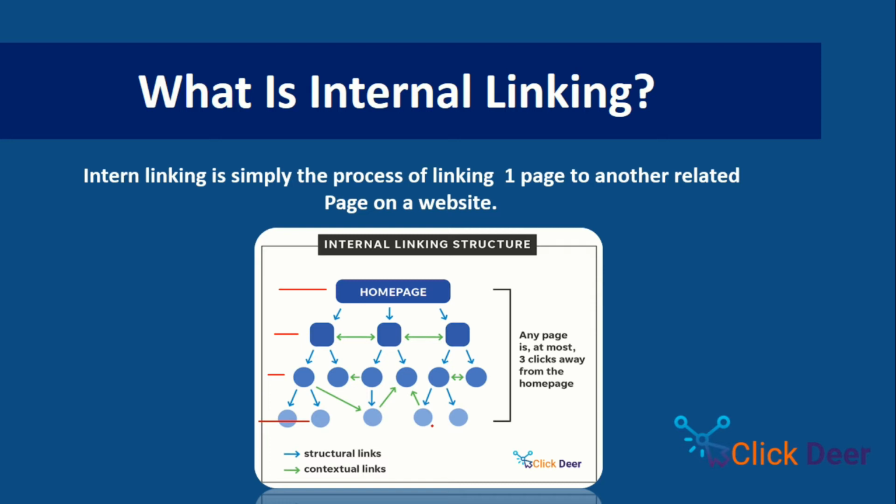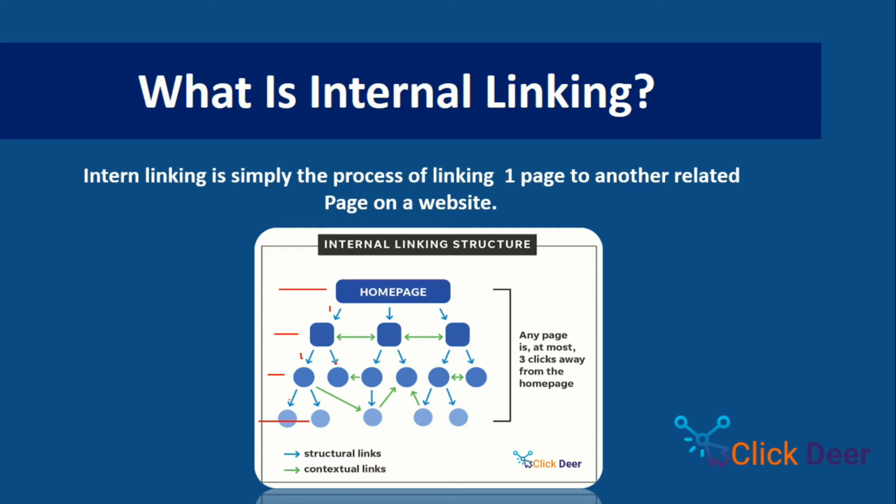So this is how a general website structure appears. But as you can see, they have already linked with each other, like this one, this one, this one. They are in blue color, and this is a general internal linking process, okay?